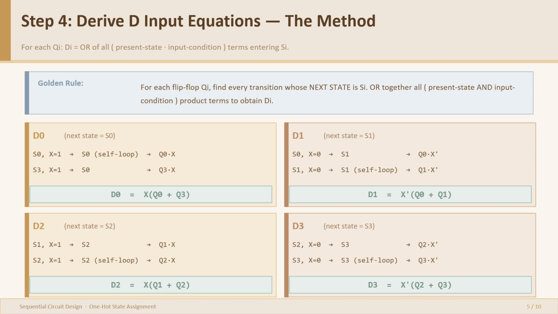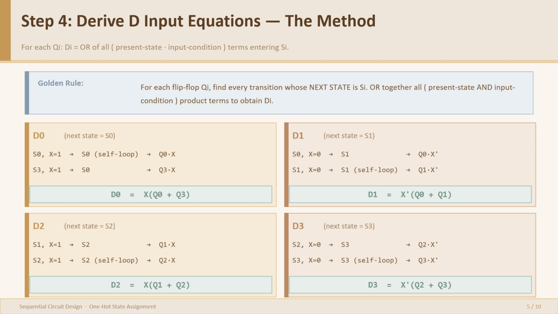In other words, look at the state diagram and find every arrow that points into state Si. Each arrow contributes one product term. The source state ANDed with the input condition, OR all those product terms together, and you have the equation for Di. Let us go through each one.